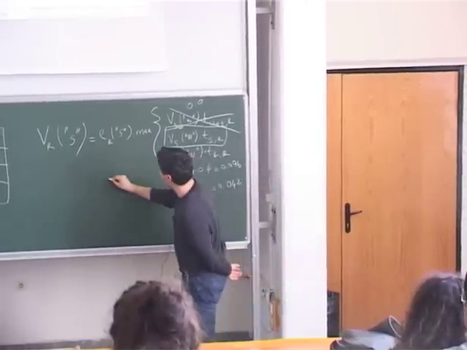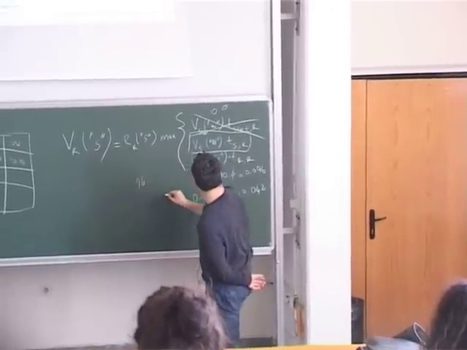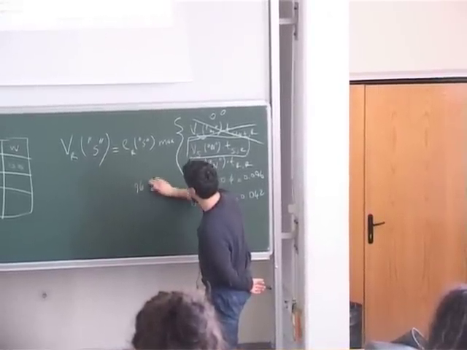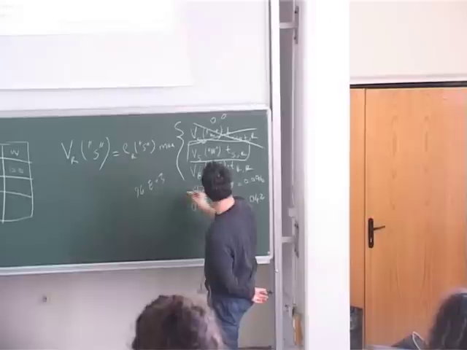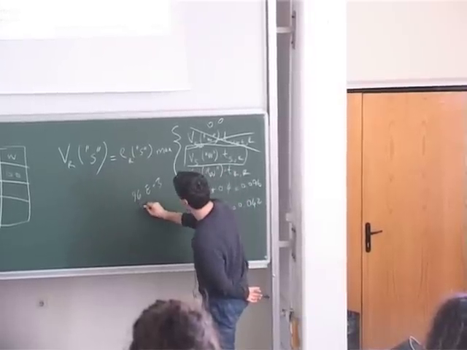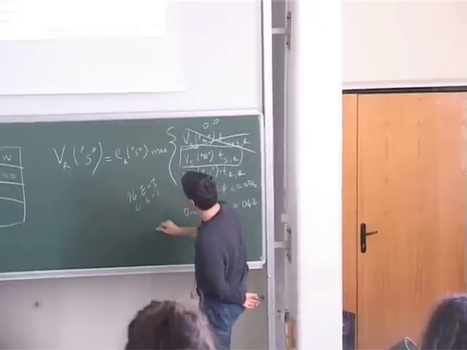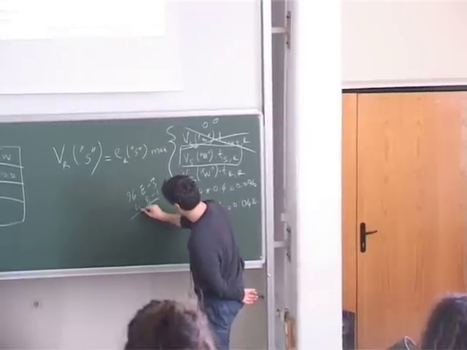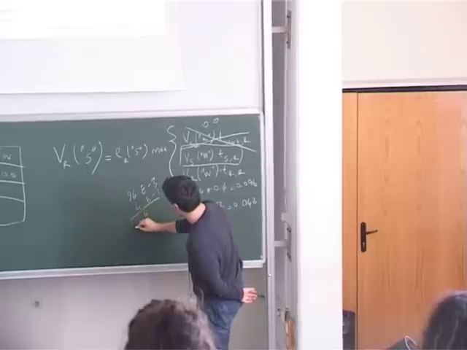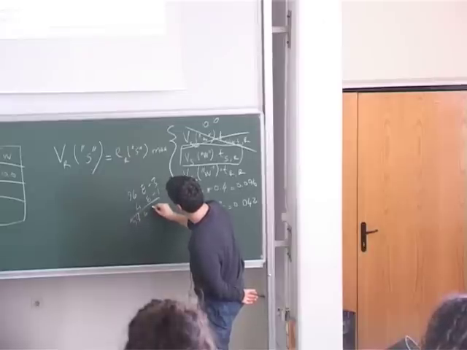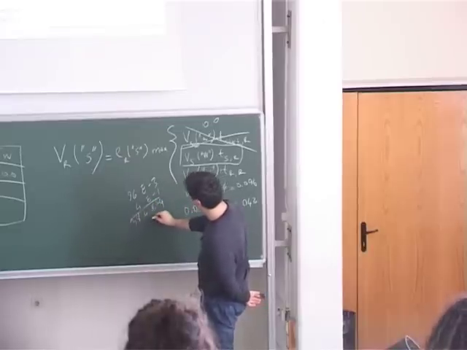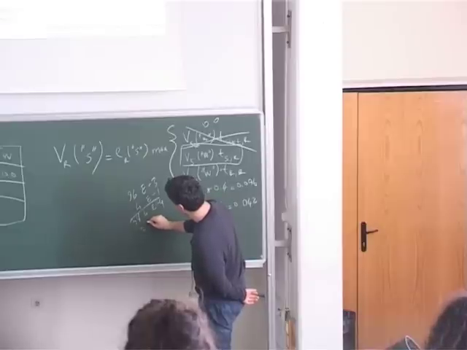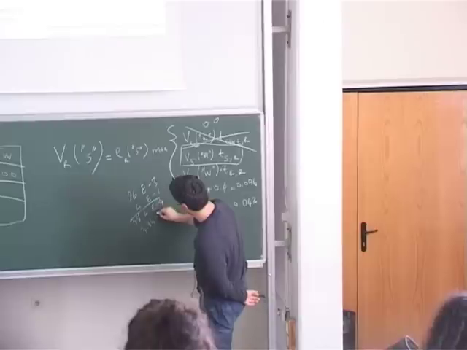Okay, so it's going to be 0.096 times 0.4, which is going to be 3.84 times 10 to the minus 2.